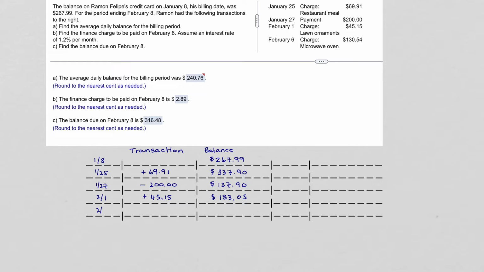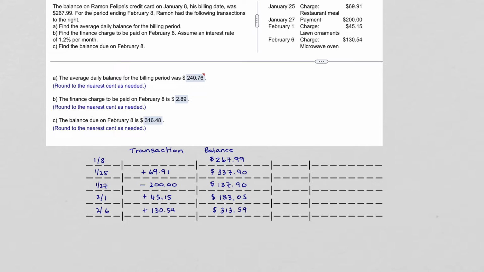And then there is another charge on February 6th, and that is for $130.54. And when we add that in, now the balance is $313.59.